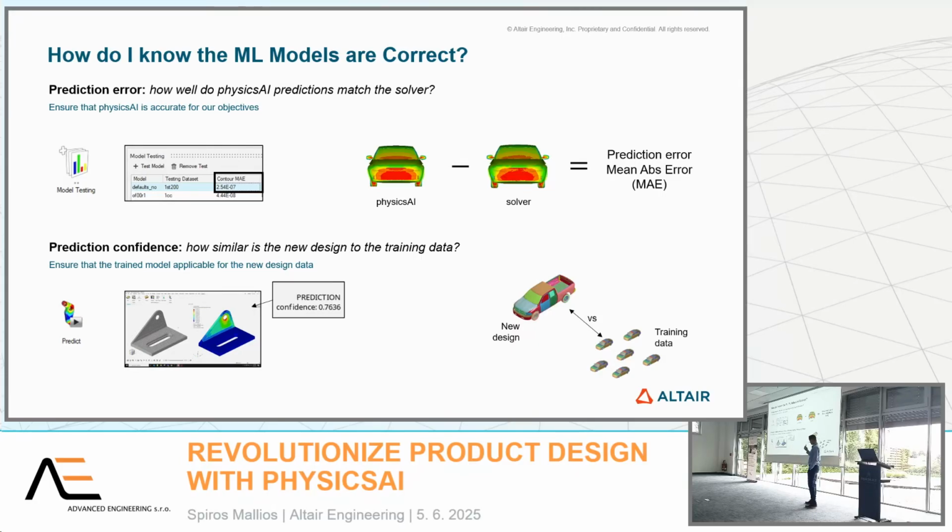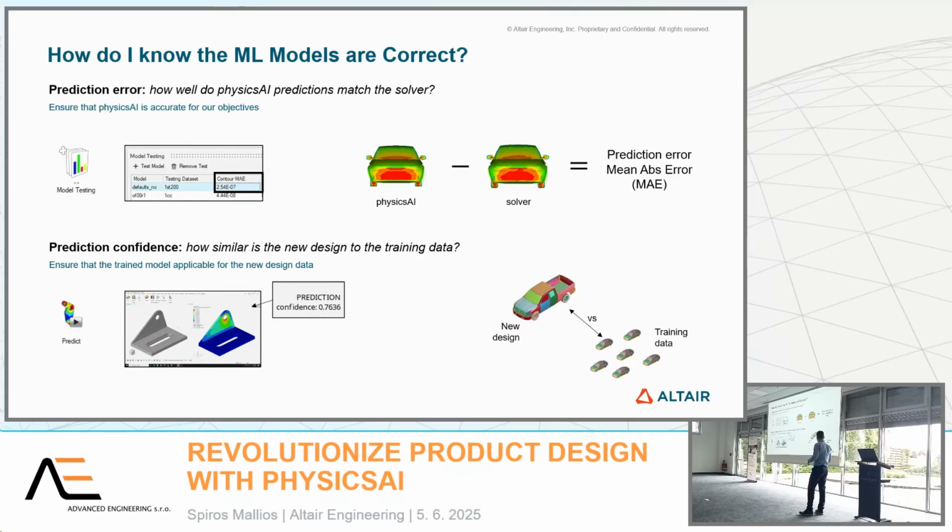Now, how is this done? This is basically a similarity score between the new design that you want to predict and the old designs. And it's going to very quickly tell you that, okay, I have been trained to predict this kind of new design, or, you know, what you are inputting here is completely new to me.